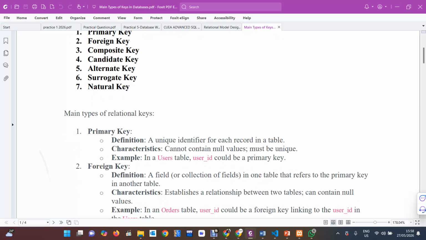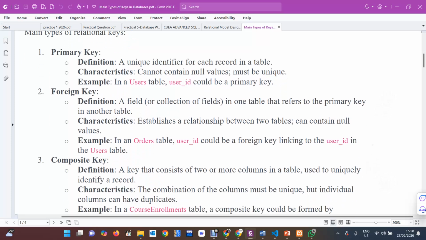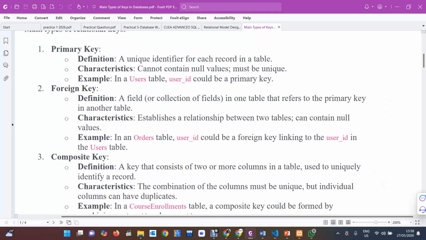So what are they? Primary keys are unique identifiers for each record in a table. They cannot contain null values, meaning that they must be unique. Examples, you talk about the user ID. Then a foreign key is a field or a collection of fields in one table that refers to the primary key in another table.